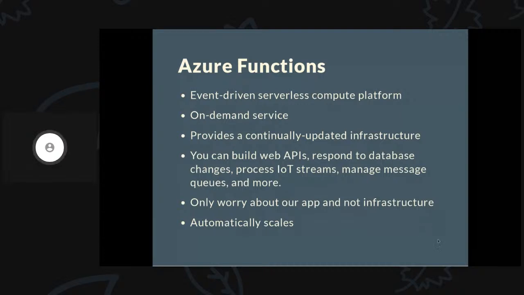And like I said, this is an event-driven compute platform. So there are different events that can trigger your code. For example, an HTTP request could trigger your code, or some events on your Azure platform, like putting an object on the Azure storage, might trigger an event which will trigger your code.